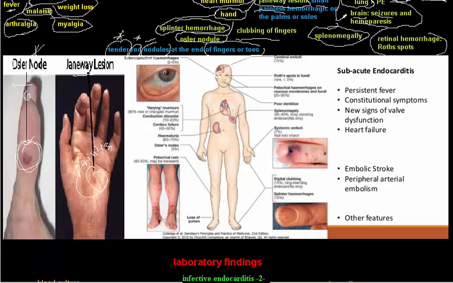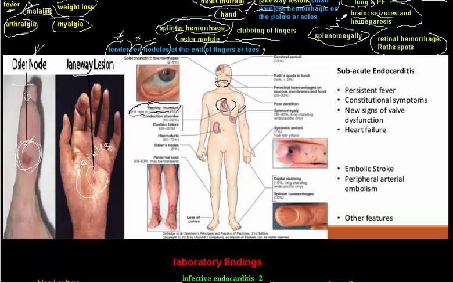In the mouth, we can see petechial hemorrhage on the mucous membrane. On the heart, we can see some vegetations, murmurs of regurgitation, new murmurs.